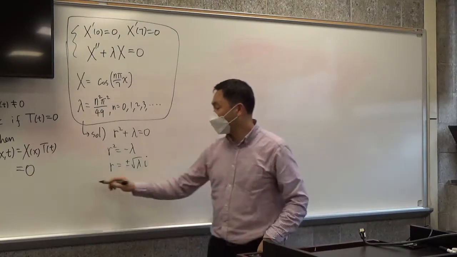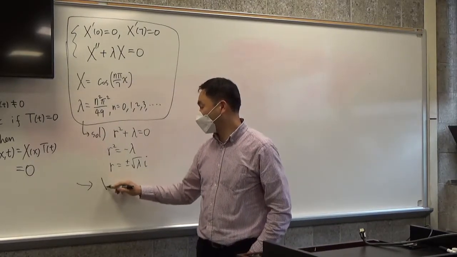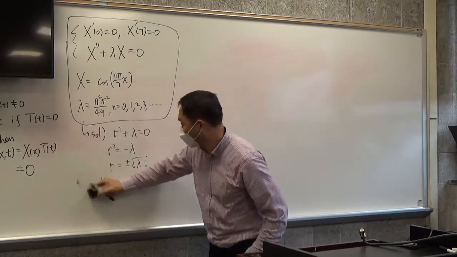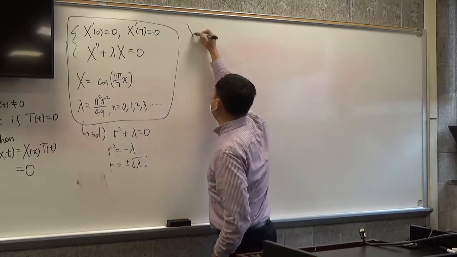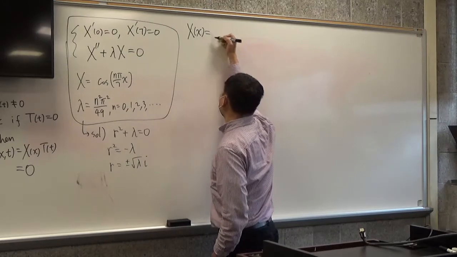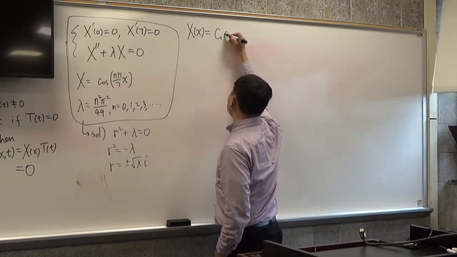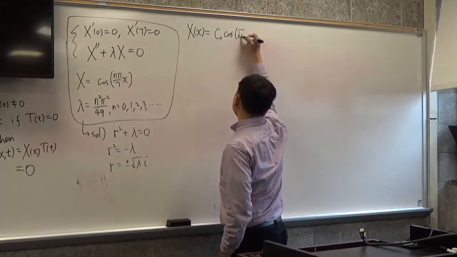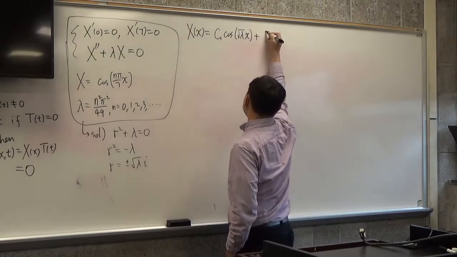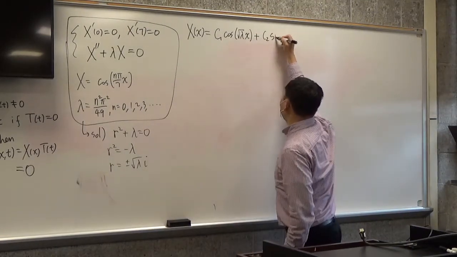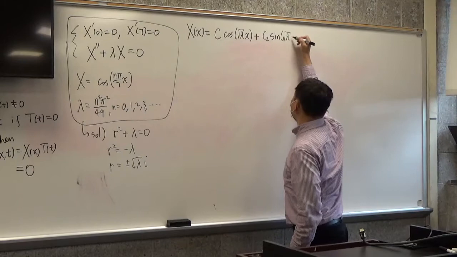And that means that the solution looks like, well, let me write it up there. The solution looks like X of x equals c1 times cosine of square root of lambda x plus c2 times sine of square root of lambda x.